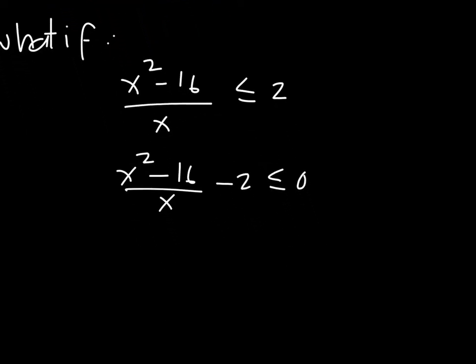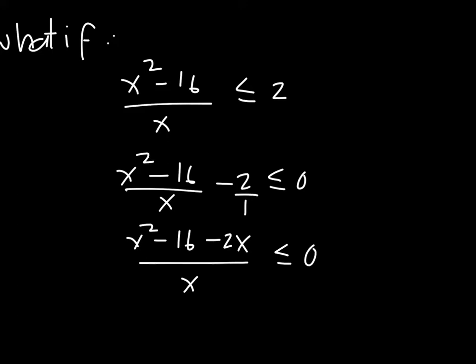Okay, and afterwards you need to combine the two expressions, and that will be x squared minus 16 then minus 2x. I'm not going to do the step by step anymore. This is just to show you what you can do when you have a rational inequality with a value on the other side.